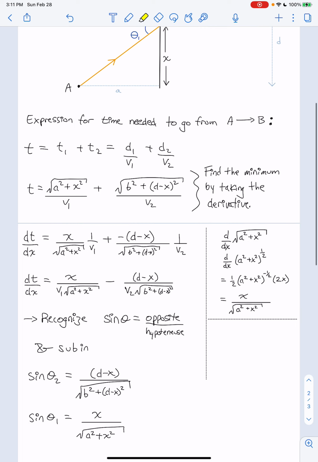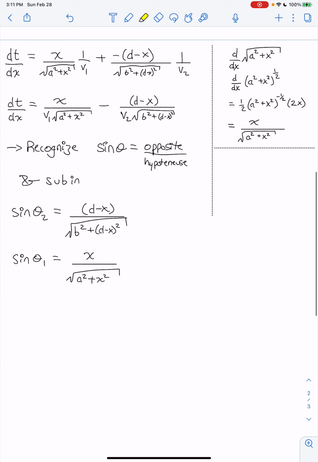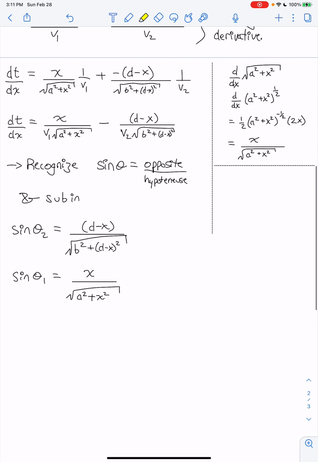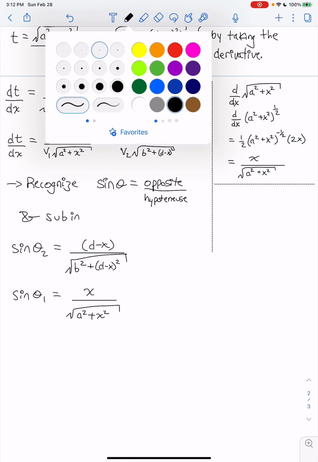So that's where our terms for these sine theta equations are coming from. So once we recognize that, and we go back to our equation for dt dx, we realize that, in fact, that's all there. We have this is this, and all of this is that. And that's the key leap here to make, because now we substitute that in.